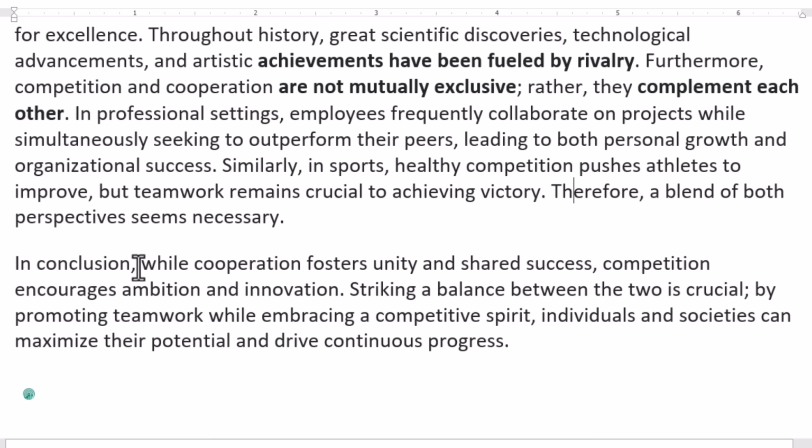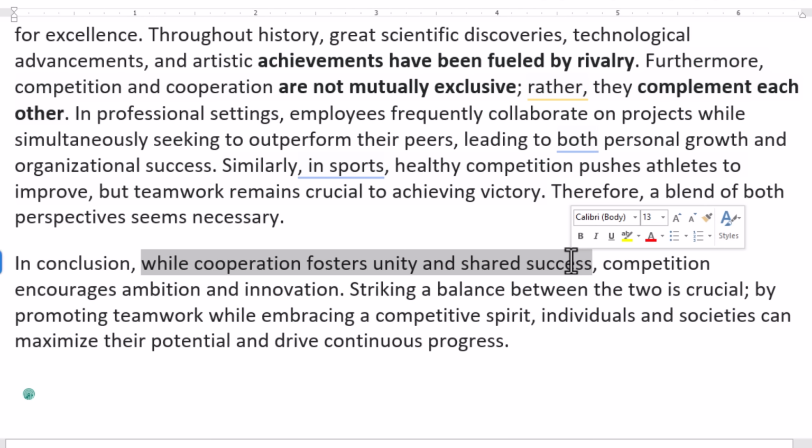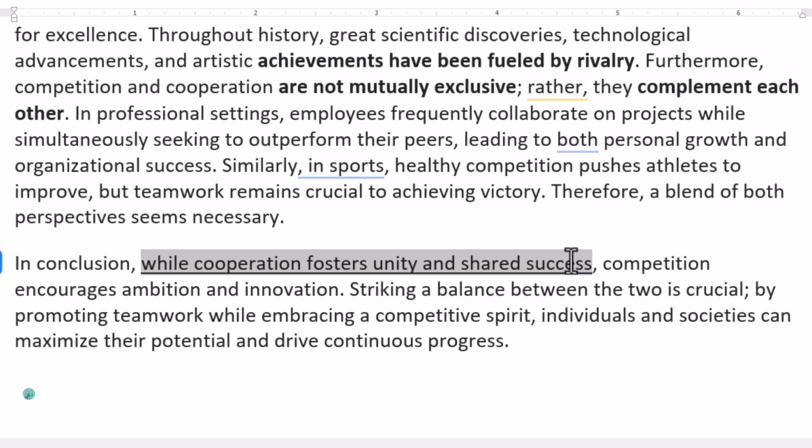All right, now let's look at the adverbial clauses and parallelism in this paragraph. Okay, this statement, "while cooperation fosters unity and shared success," is an adverbial clause starting with while, talking about a contrast. Competition encourages ambition and innovation.